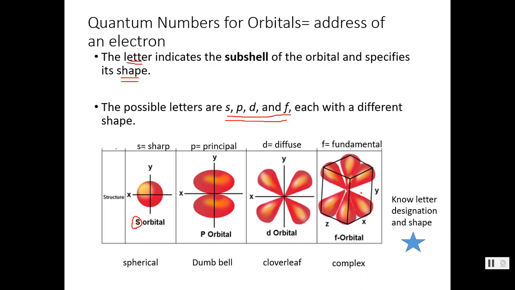Okay. So we have two parts to our electron's address. We have that principal quantum number, which says something about the energy of an orbital. And we have the letter, which says something about the shape of the subshell or the shape of the orbital that that electron resides in.